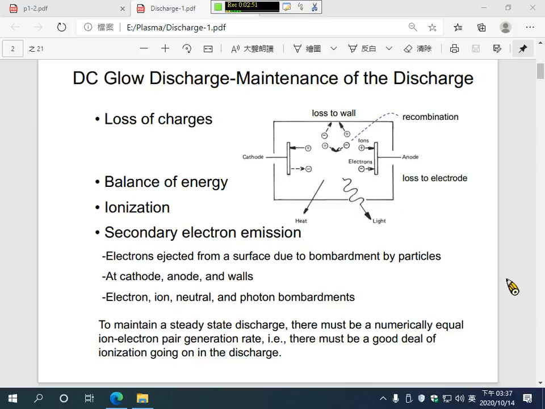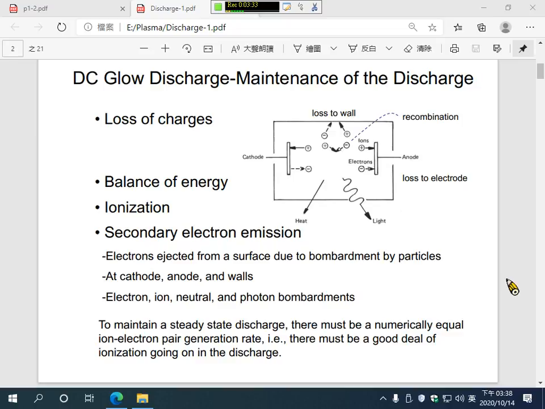If electrons are coming out from the cathode surface, when the electron travels all the way to the surface of the anode, during the path from cathode to the anode, the gas inside the system can be ionized. And also when cations bombard the cathode surface, the cathode surface can also emit electrons.